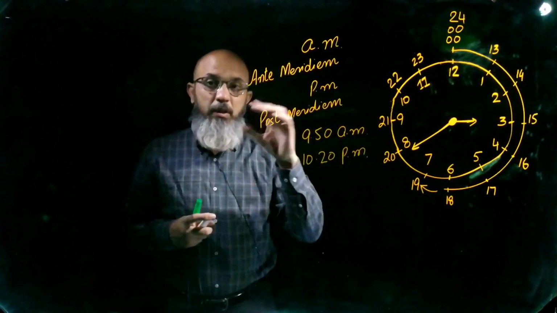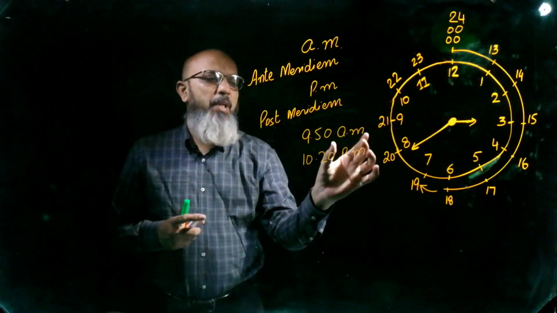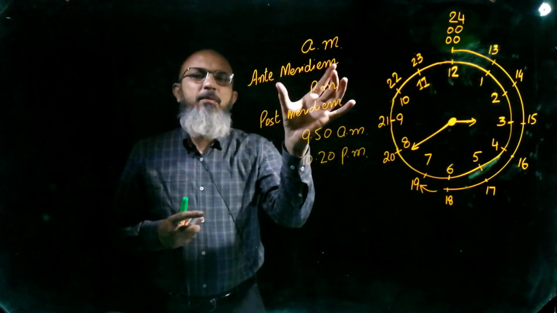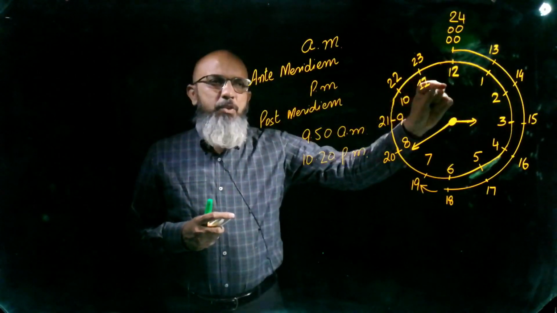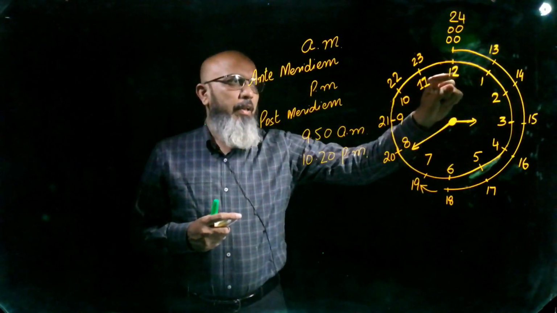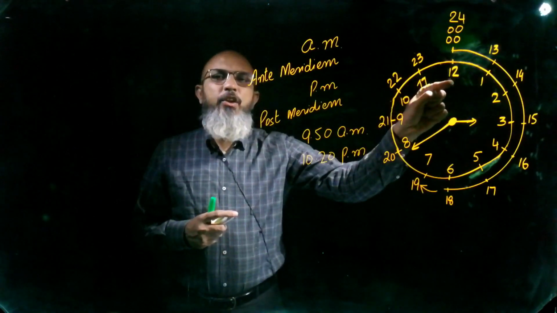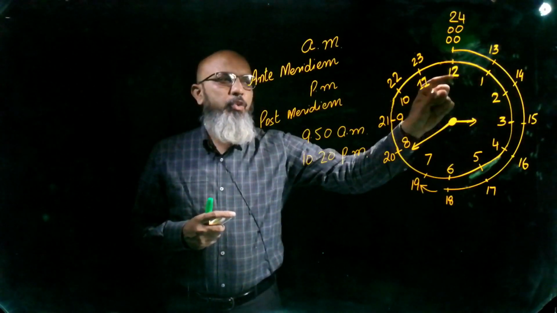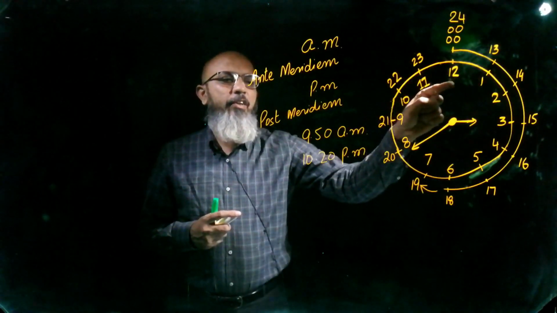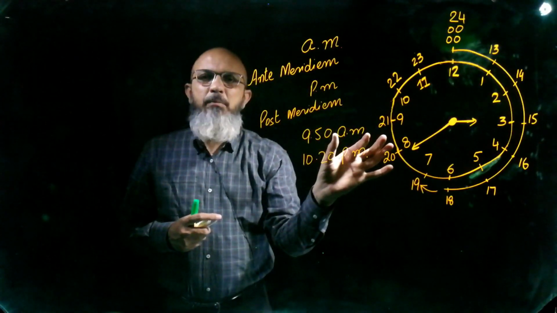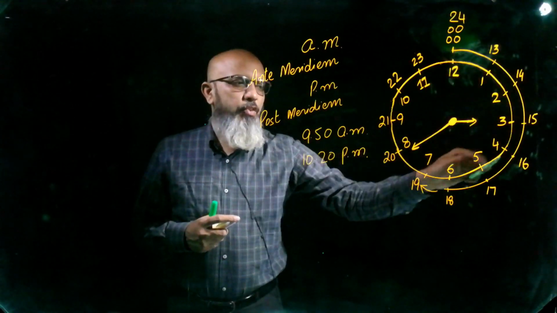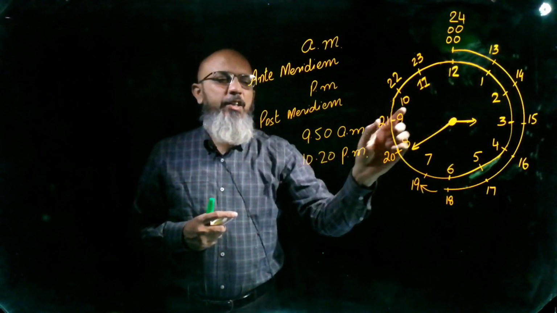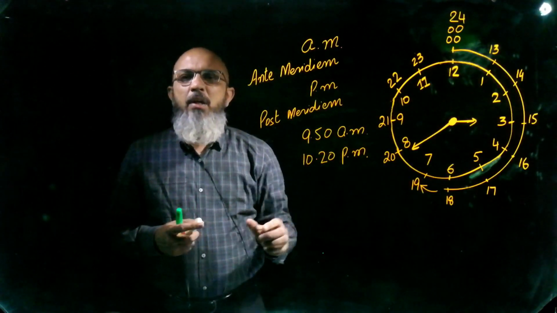In such a way you read the times. So what is AM and what is PM? AM means anti-meridian, before midday, from 12 at night till 12 at noon. That is your AM timing. After 12 at noon till 12 at midnight, that is your PM timing.